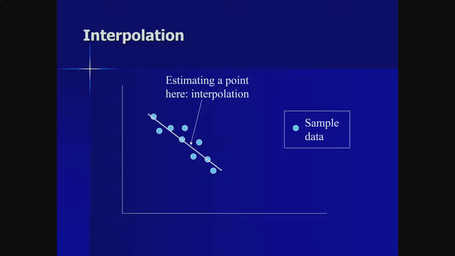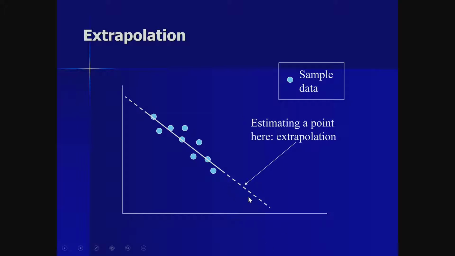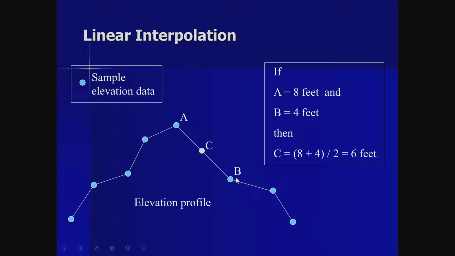What's the value of elevation at that point? That's interpolation. Extrapolation, like this, is finding out the value at a point out here. So it's really risky to make a judgment about what the surface is of any sampled surface outside of these values. So that's an important thing.